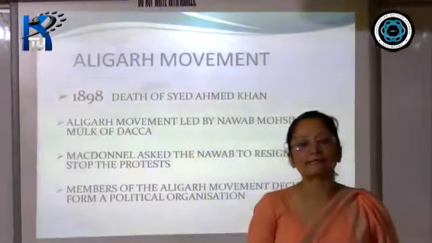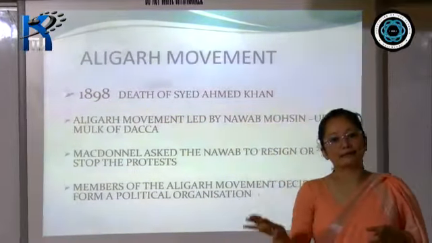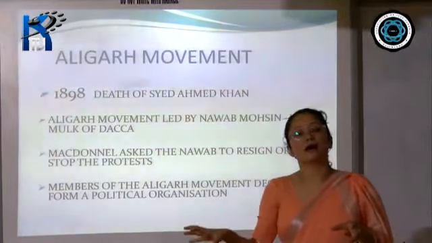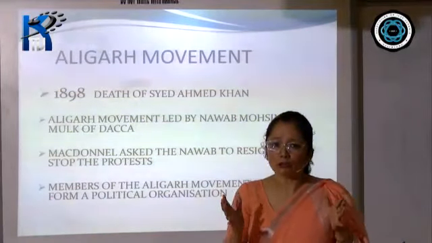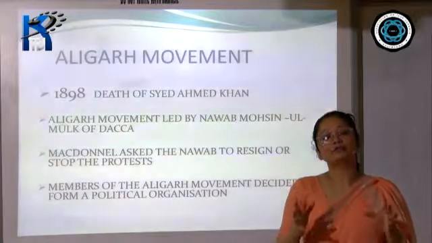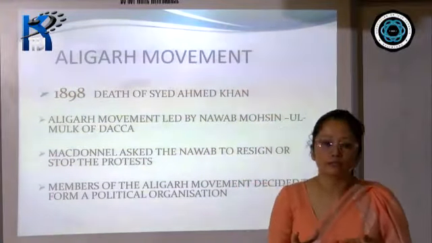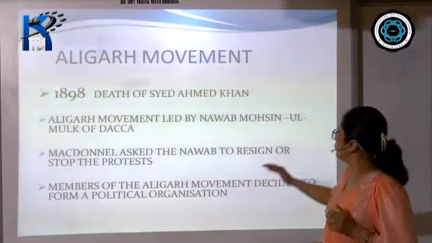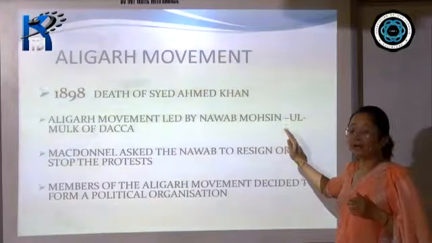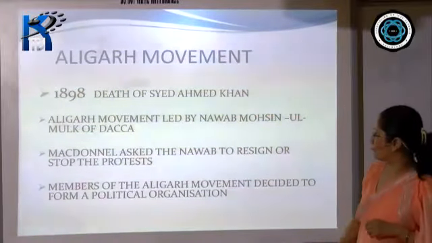West Bengal had its capital as Calcutta, whereas East Bengal had its capital as Dhaka. And Mohsin ul Mulk was the Nawab. The responsibility of leading this Muslim movement had to fall onto the shoulders of a responsible person. So Nawab Mohsin ul Mulk took over the responsibility of Syed Ahmad Khan.